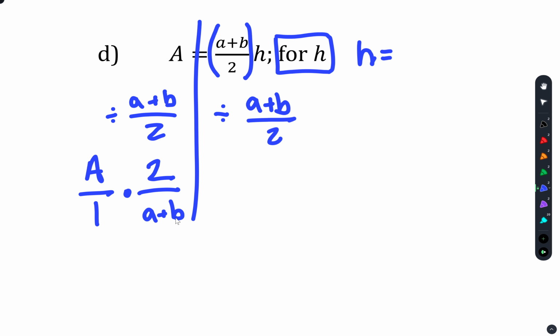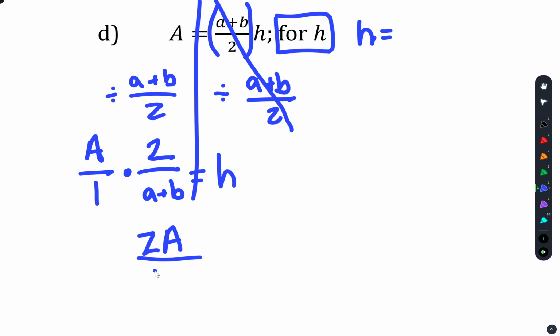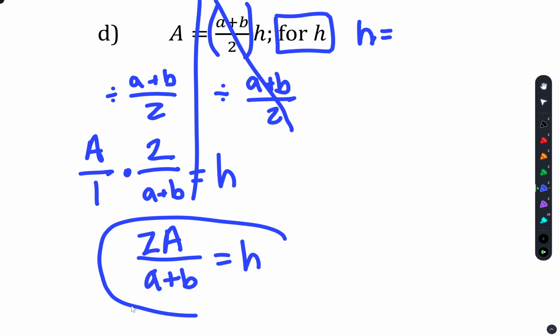Stay with me for a second, though. H is by itself, because that canceled itself out. What's A times 2? What's 1 times A plus B? It's A plus B. And there we go: h equals 2 times A over A plus B.